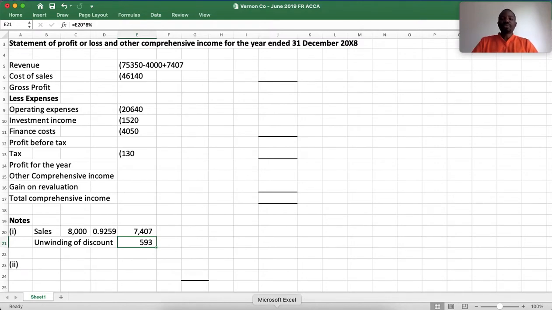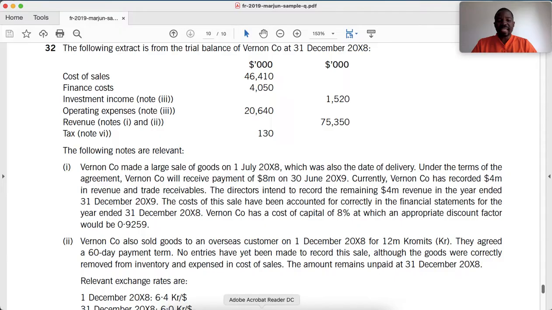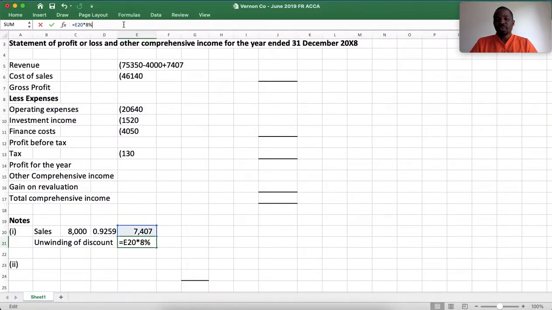Then we get 593, but 593 is unwound for the whole year, but the sale took place 1 July. So we have to unwind from 1 July up to 31 December, which is 6 months. So we also multiply by 6 divided by 12.